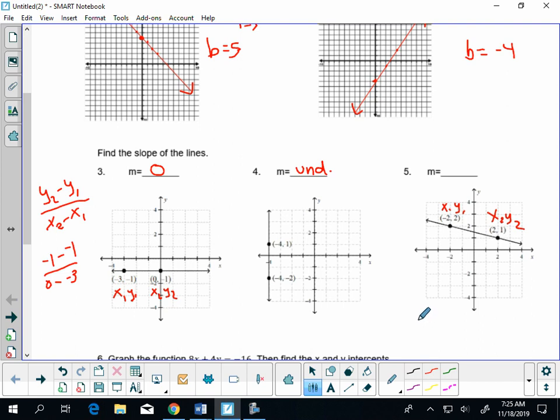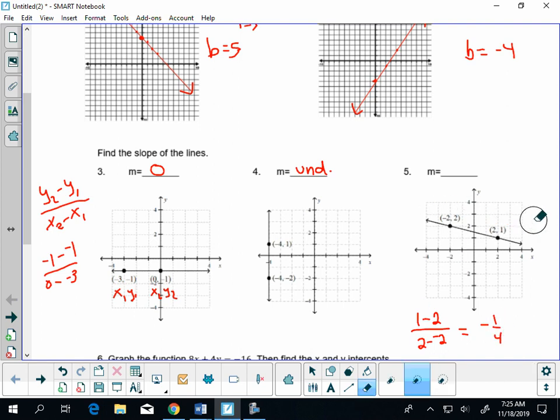So the difference of your y's, y sub 2 is 1, y sub 1 is 2. Then x sub 2 minus x sub 1, that'll be 2 minus negative 2. And I get negative 1/4.